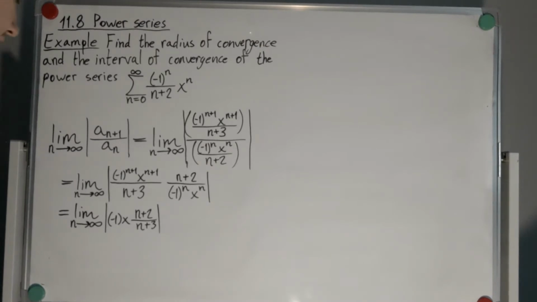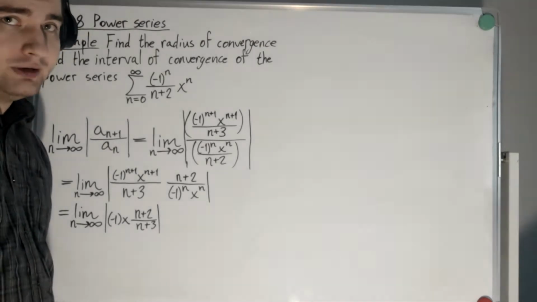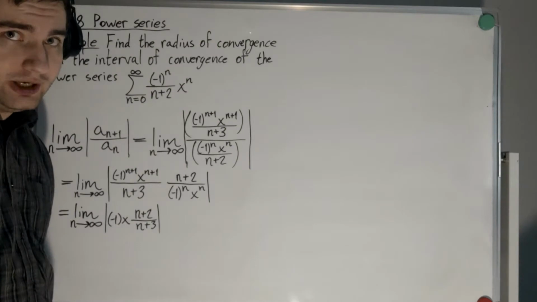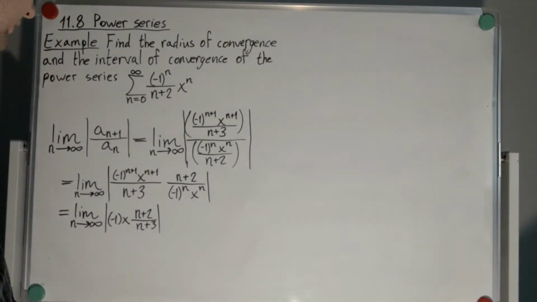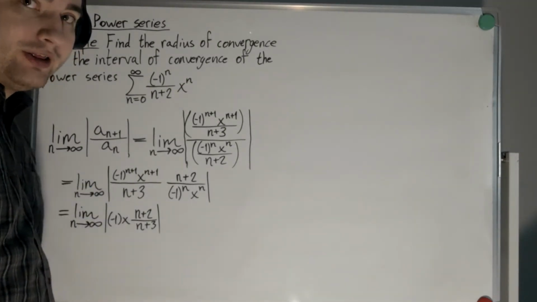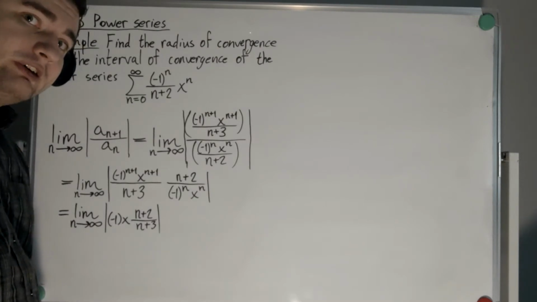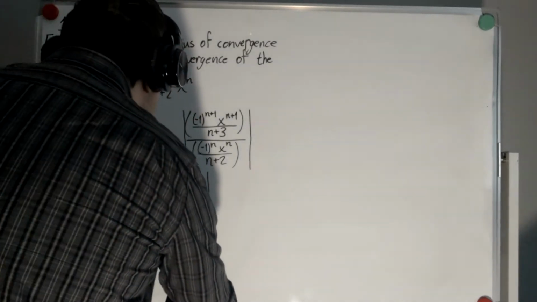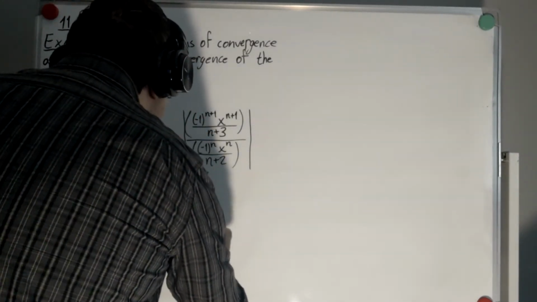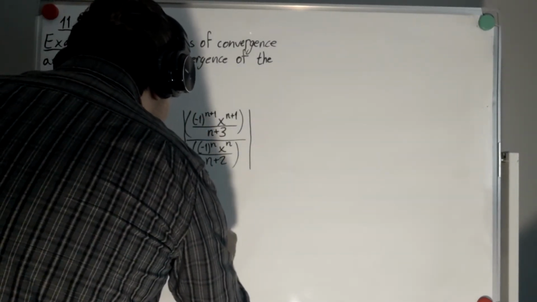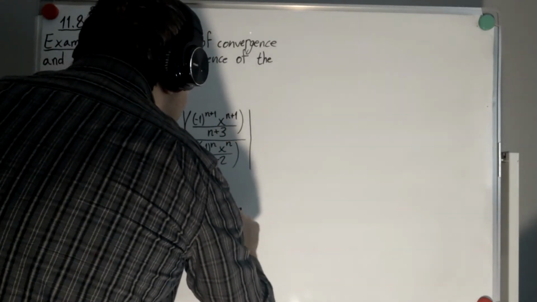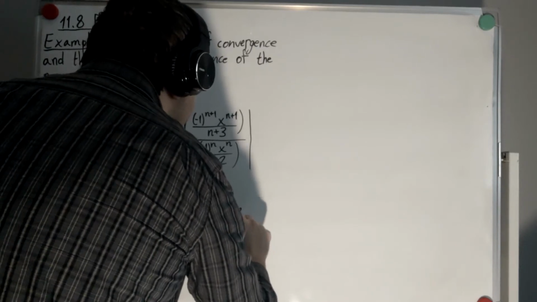When you take the absolute value of -1, that's just 1, so we can forget about the negative. We're also taking the absolute value of x. As for n plus 2 over n plus 3, those are both always positive, so we don't have to worry about their absolute values. So this is the limit as n approaches infinity of the absolute value of x times n plus 2 divided by n plus 3.